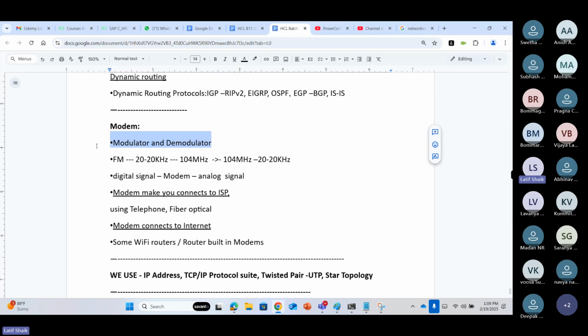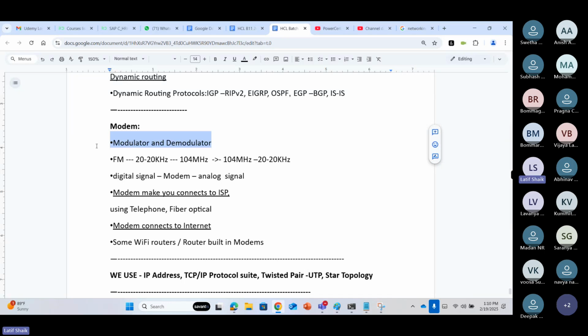We are sending data over different individual connections. Your laptop, mobile phones, desktops, TVs, all are individual connectivities. But how can we send each connectivity's data over the internet? It's very difficult. So then we need a device called a modem.